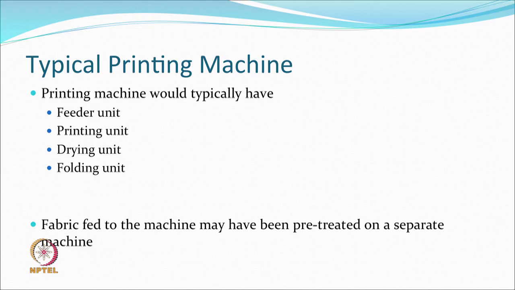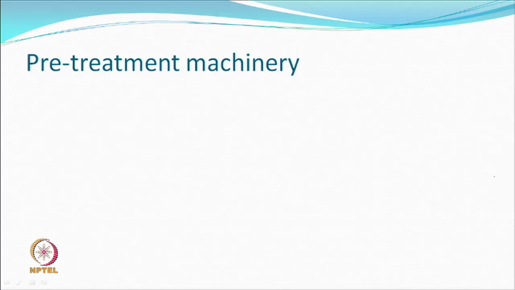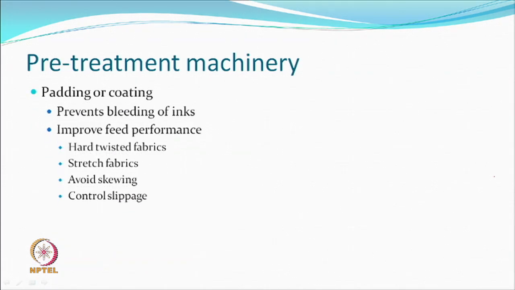So, the machines for that may be different, but the printing machine would have a feeder unit, which means controlling tensions and conveying the fabric into the machine correctly. And then after this you have actual printing taking place, where there are jets, the print heads which are working, and then of course you dry before you do anything else, fold or whatever. So, it could be pre-treatment, could be padding and coating.